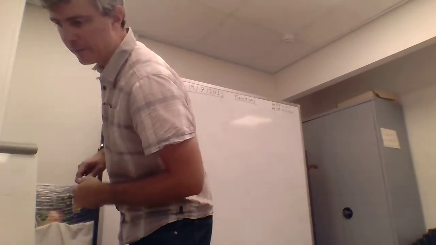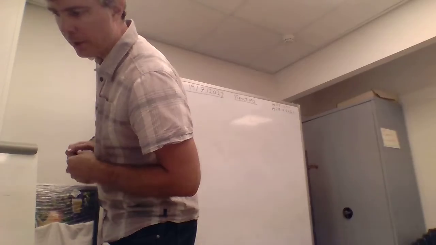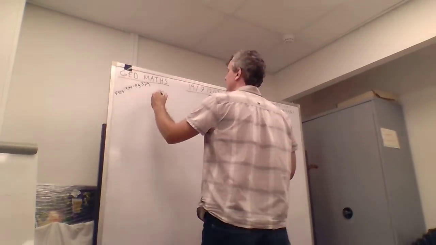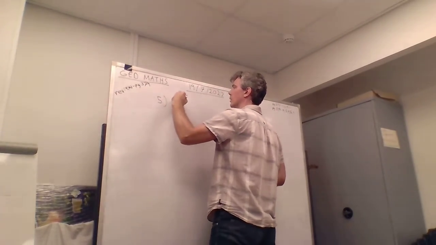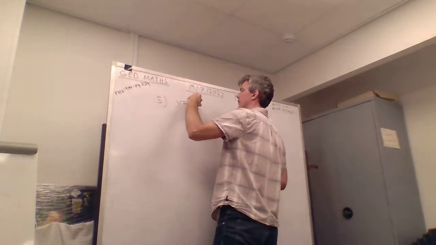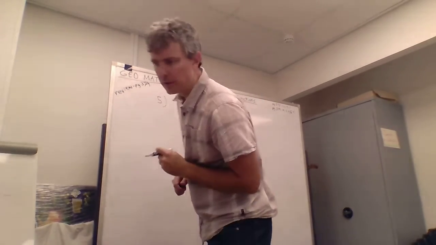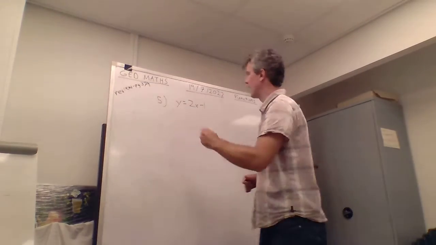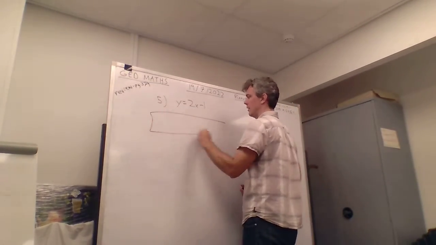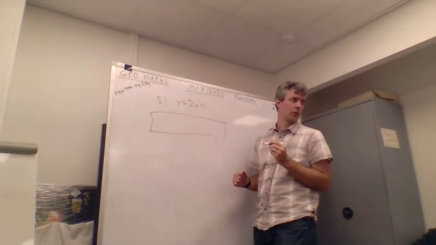Alright, number 5. Each term in the second row is determined by the function y equals 2x minus 1. And then they have this whole chart. It's kind of like the xy table for drawing a line.